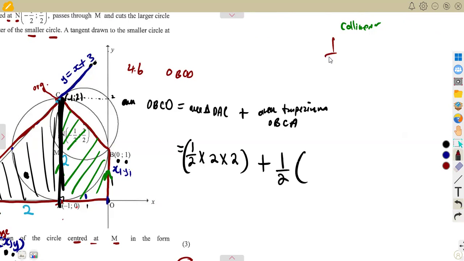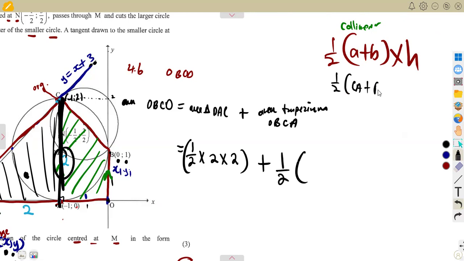The sides which are parallel are CA, which is 2 units, and BO, so it is half of CA plus BO times the perpendicular height, which is OA. So this is half of 2 plus this point to this point, which is 1, times the height from A to O, which is 1 unit.